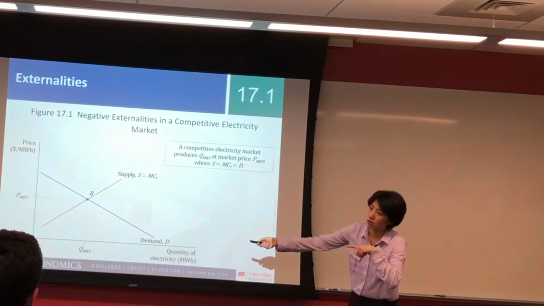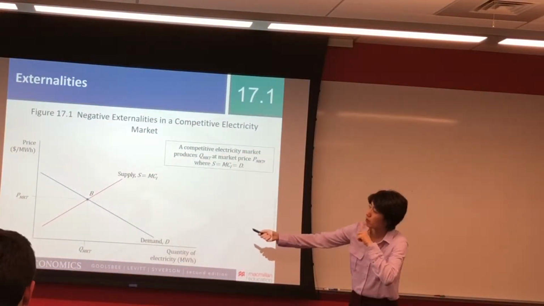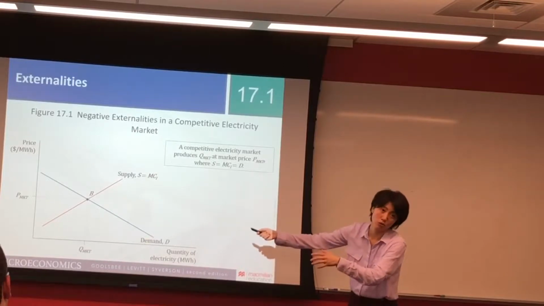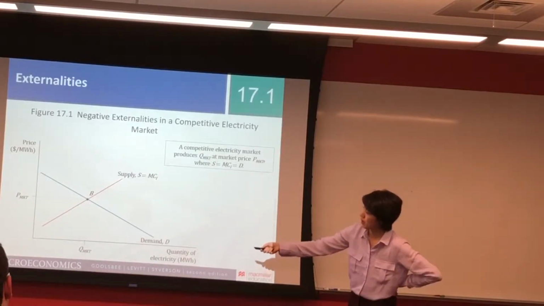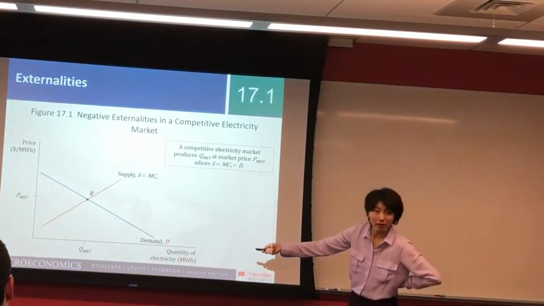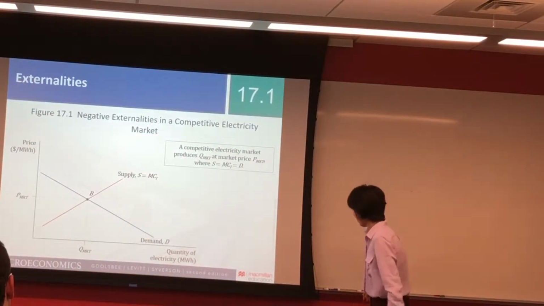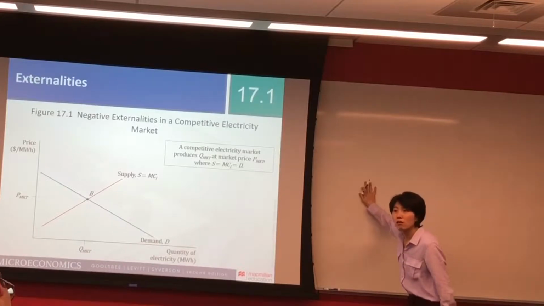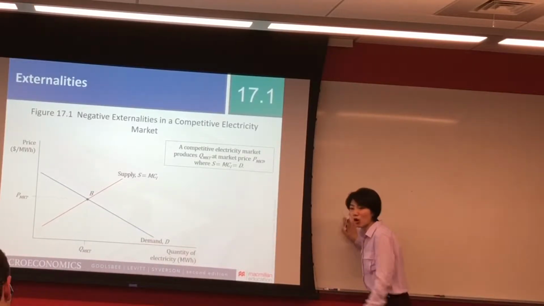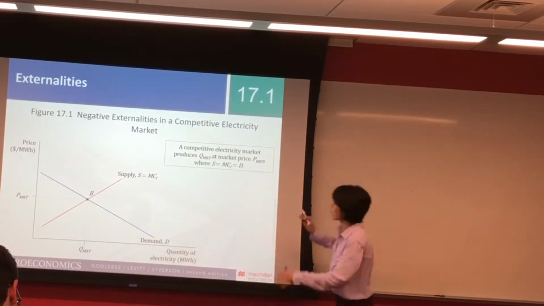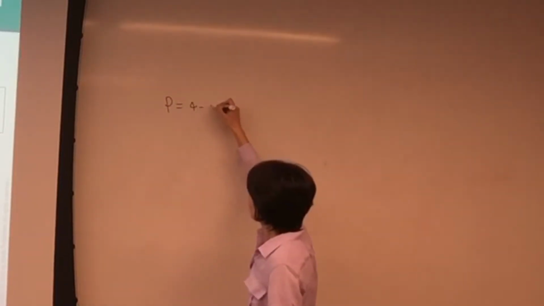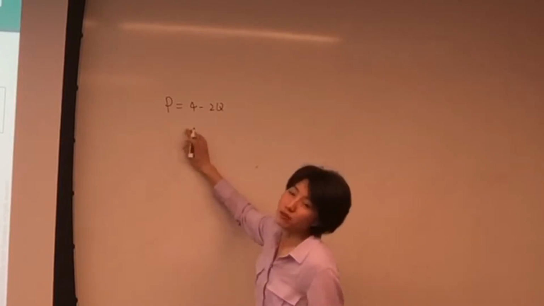On the final exam, I'll give you the mathematical expression for marginal cost. You need to know that's our supply. And this demand is private marginal benefit. On the final exam, I'll give you the inverse demand. For example, in the market for electricity, the inverse demand is P = 4 - 2Q.